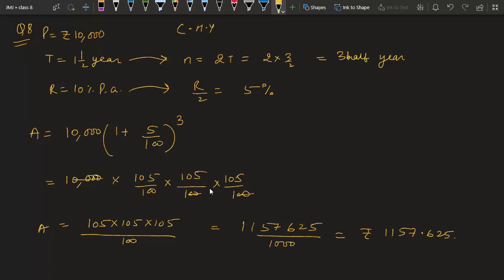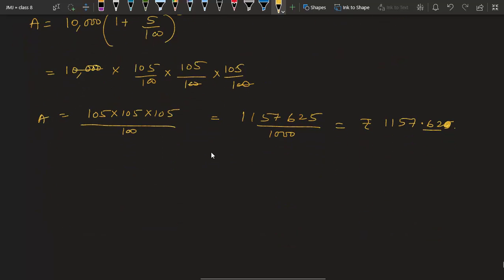If you want, you can take only the 2 digits, because normally after decimal 2 only are required, so that is also okay. So let's find the compound interest. It is given by amount minus principal, which is 1157.62 minus 1157.